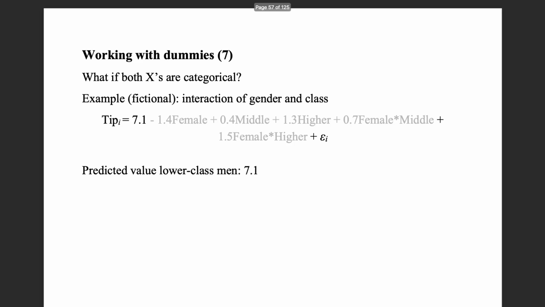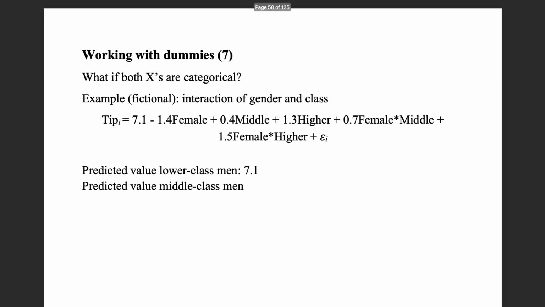So in other words, what is the predicted value for lower class men? It's just the constant because that's the only thing we have left. So the predicted value for the reference categories is captured by the constant in our regression equation, which in this case is 7.1.